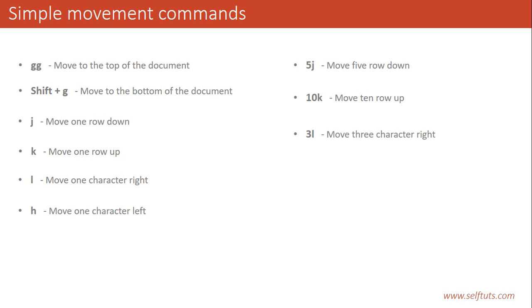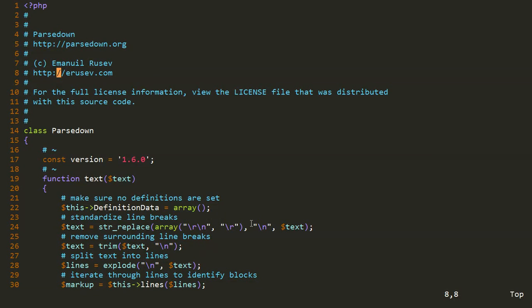Same way, if I have to move 3 characters right, I'll first press 3 and then press L to move 3 characters right. If I have to move 6 characters left, first I'll press 6 and then press H to move 6 characters left. Let me show you.